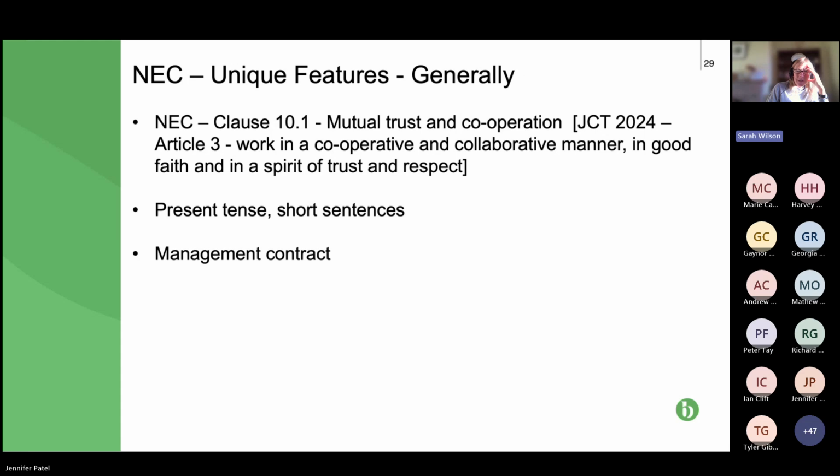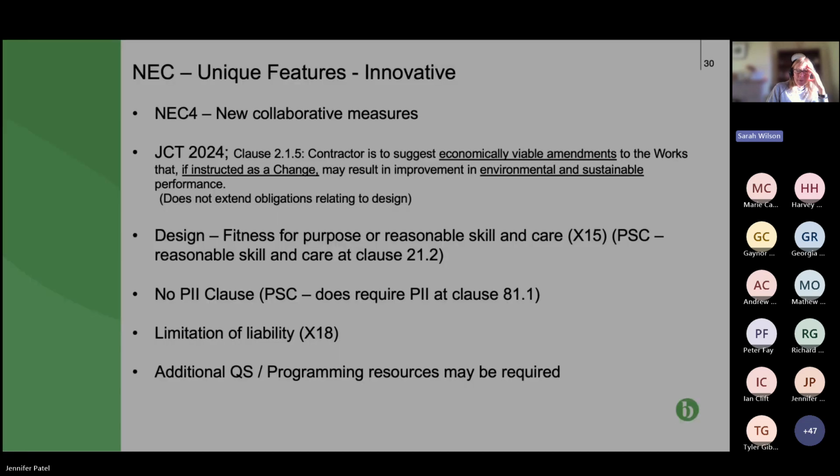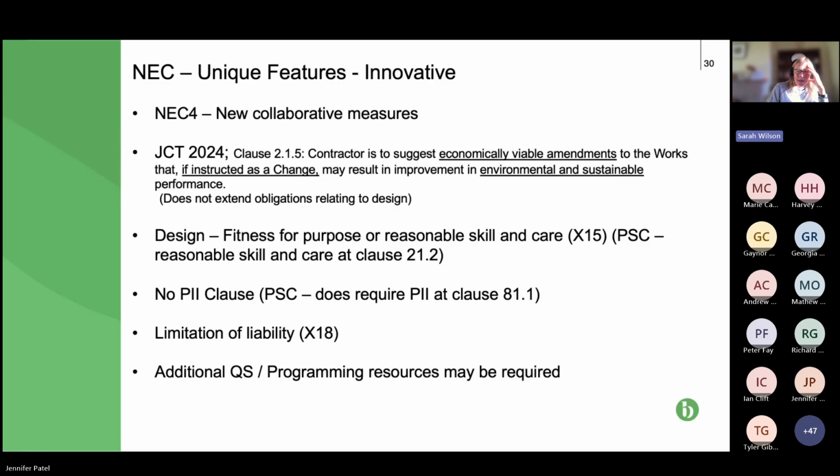So if we can move on to the next slide, there's just a couple of points I want to make. So NEC4 again introduced back in 2017 some collaborative measures around if the contractor can find a way to reduce the cost of something, then there's a mechanism for the parties to share that cost saving.